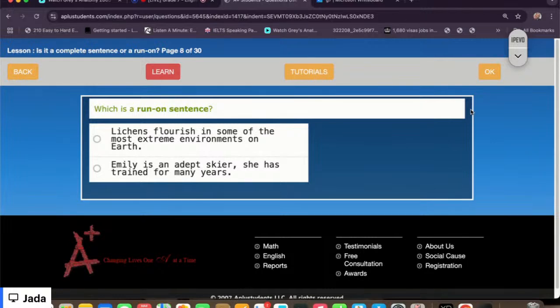So, what's the run-on? Lichens flourish in some of the most extreme environments on Earth. Emily is an adept skier. She has trained for many years.